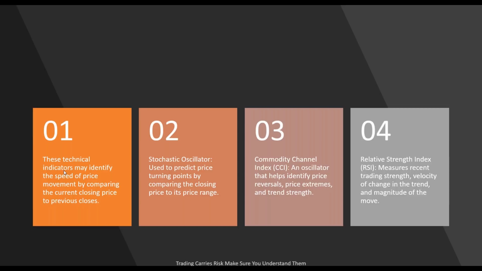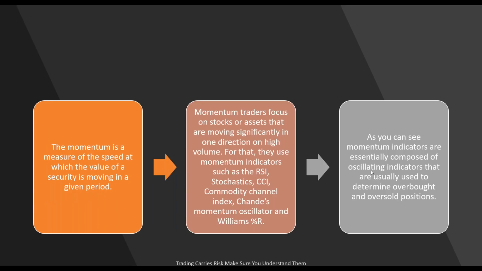Stochastics oscillators are used to predict price turning points by comparing the closing price to its range. Relative strength index measures recent trading strength, velocity of change in the trend, and magnitude of the move. The momentum is a measure of speed at which the value of a security is moving in a given period. Momentum indicators focus on stocks and assets that are moving significantly in one direction on high volume.